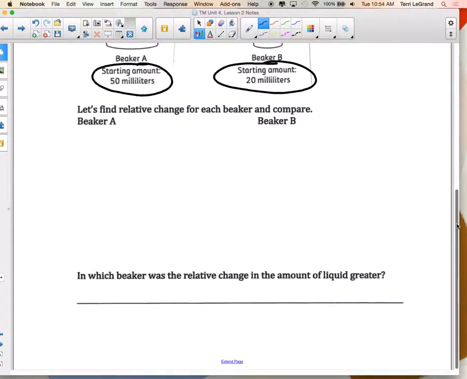Beaker A, we're going to use our model up there that says, what's going upstairs in the first ratio? What it changes by, right? How much does it change by? 10. Okay, so it's going to change by 10 millimeters. What's the starting amount for beaker A? 50. That goes downstairs.